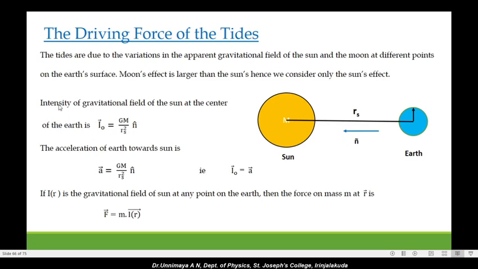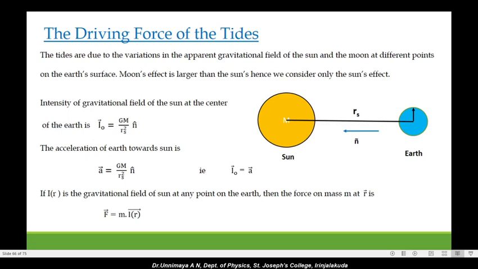Such that the intensity of gravitational field produced by the sun at the center of earth is I0 is equal to GM by rs square into n cap, where n cap is the direction of that attraction.